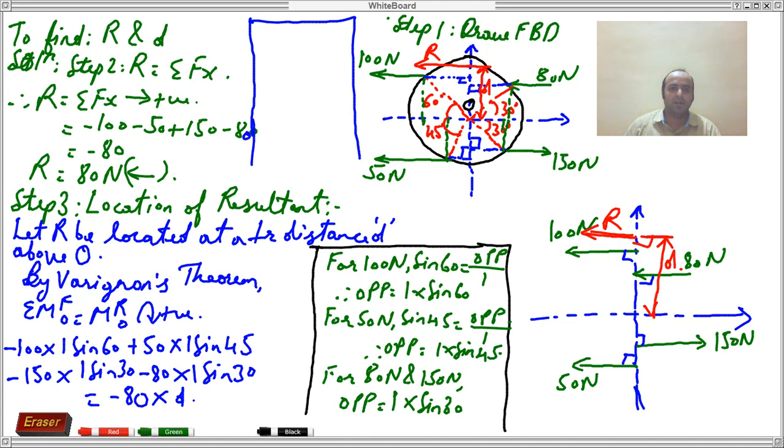This was minus 80. So therefore D is equal to, let us do the calculation for the same, my dear friends. Minus 100 into 1 sine 60 plus 50 into 1 sine 45.